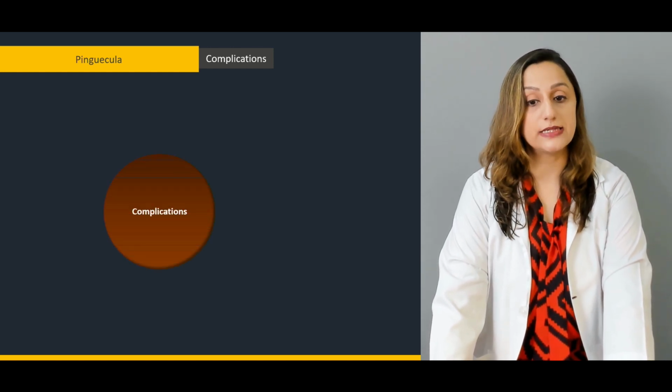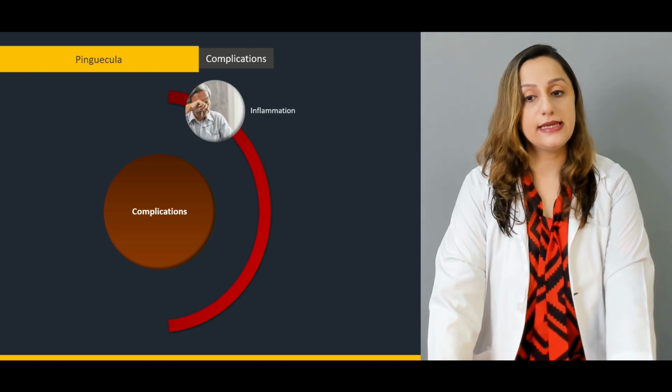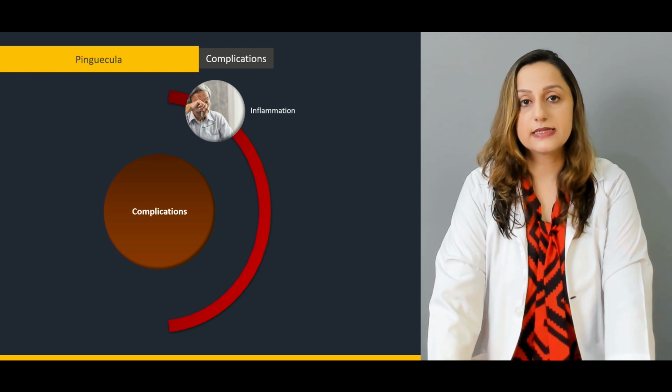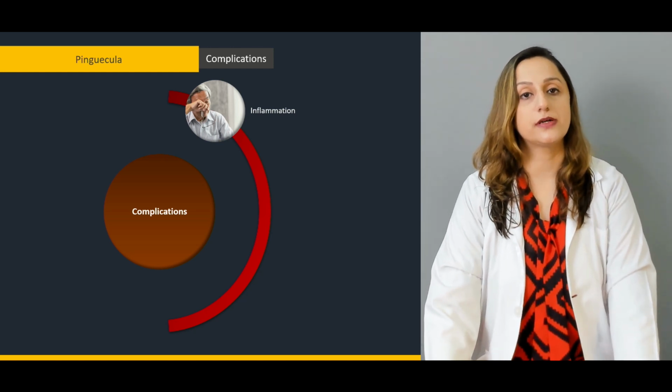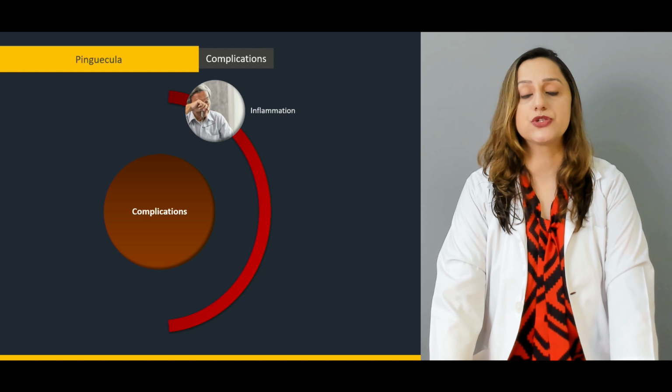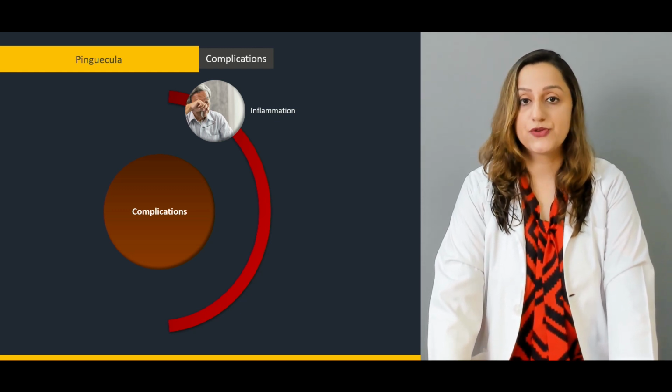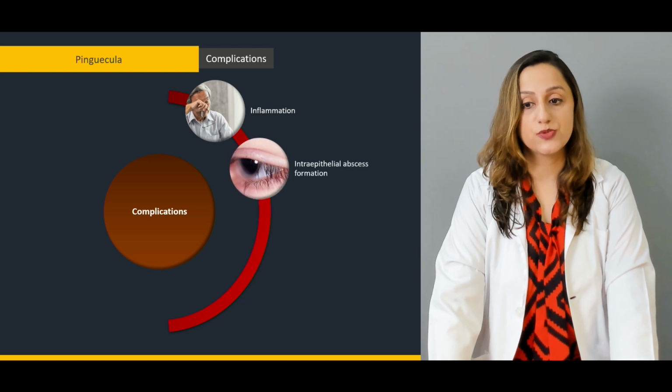Obviously, if any condition is left untreated, it is going to complicate the situation. Even if it's a benign condition such as pinguecula, if it's left untreated, it is going to result in further inflammatory conditions of the eyes. That is, it can be allergic conjunctivitis, or it can be a superimposed bacterial or viral infection in this particular individual.